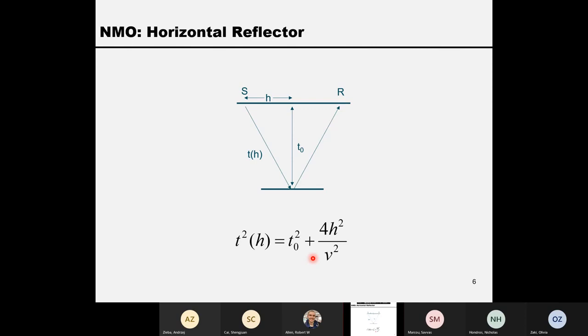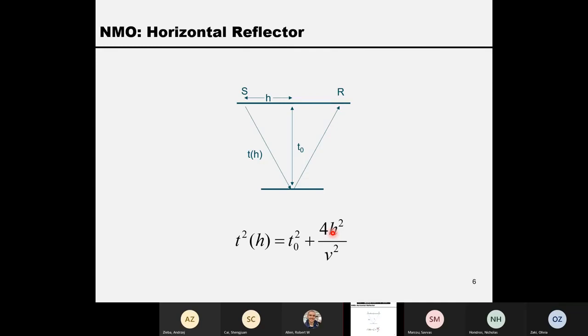I emphasize this because we learned last week that for migration, we have a similar, actually identical equation. I say similar because the variable here is offset, but that will be slightly different.